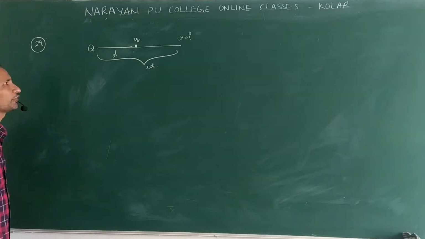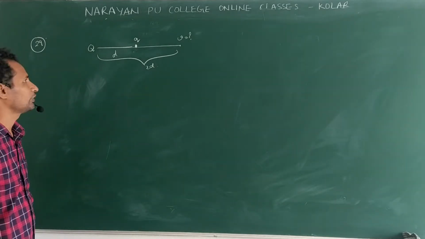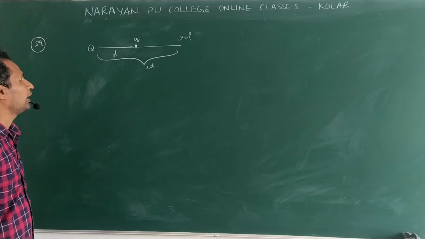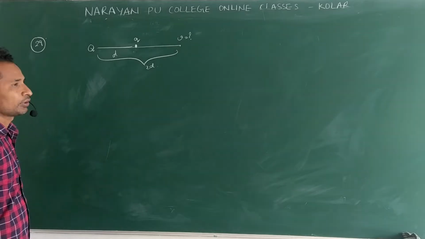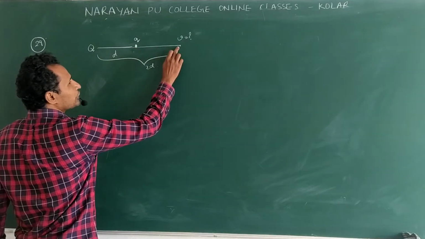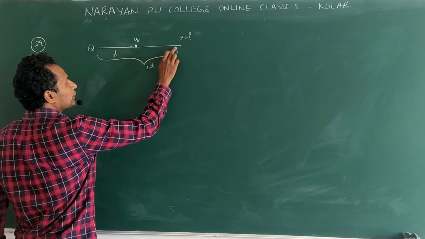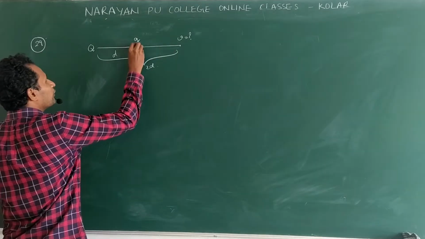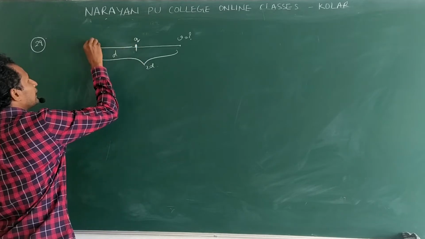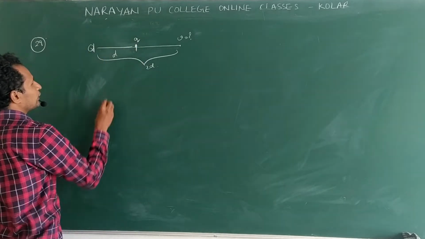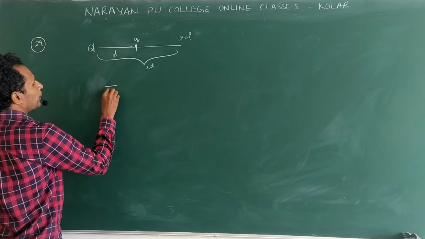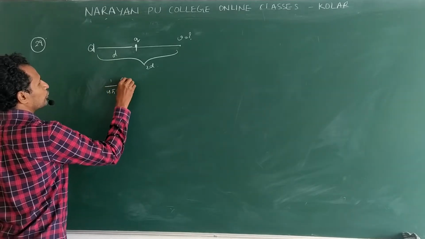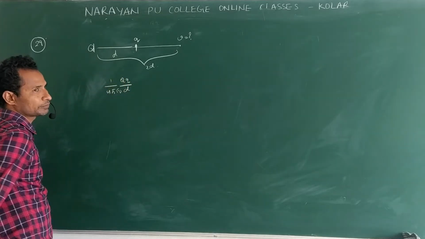Again, very simple. If we follow the law of conservation of energy, we will get the answer. Difference in potential into charge equal to kinetic energy. Whatever way we do it, we will get the same answer. So initially it has only potential energy, so 1 by 4 pi epsilon naught Qq by d.